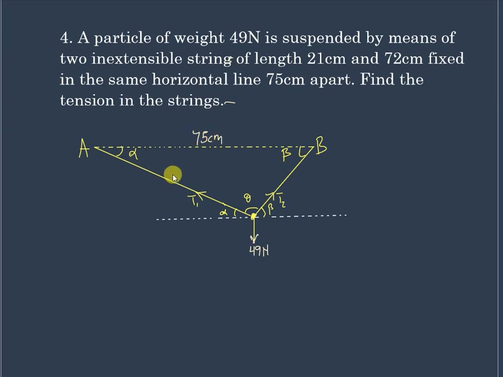They told us that the strings are inextensible, and by having one who has 72 centimeters and another has 21 centimeters, of course they can't be along the line AB, because 72 plus 21 will get us 93, and 93 is far longer than the 75.